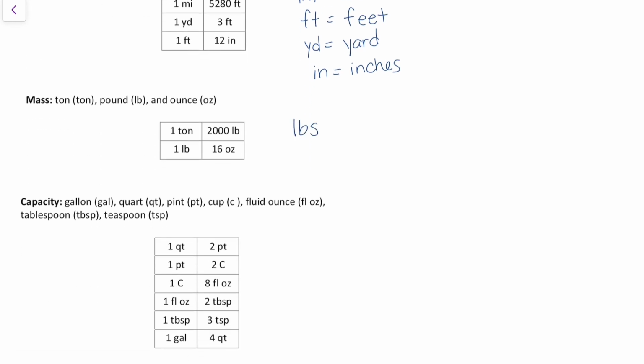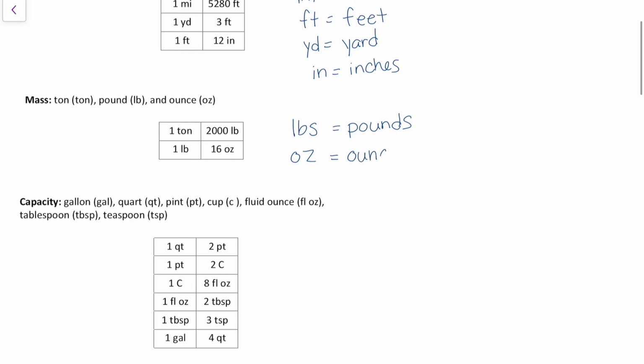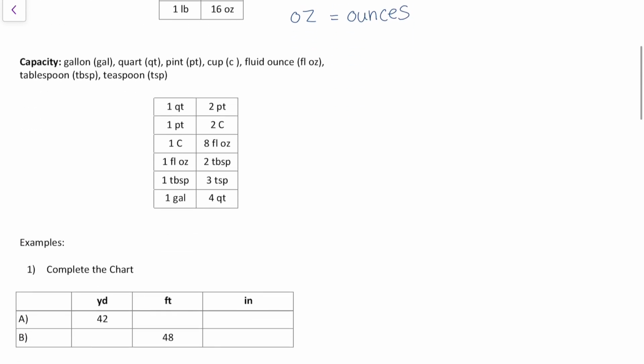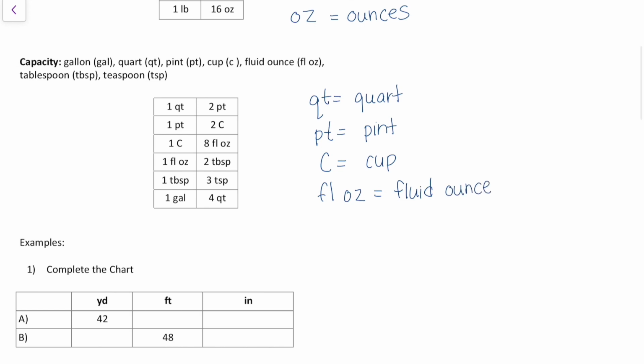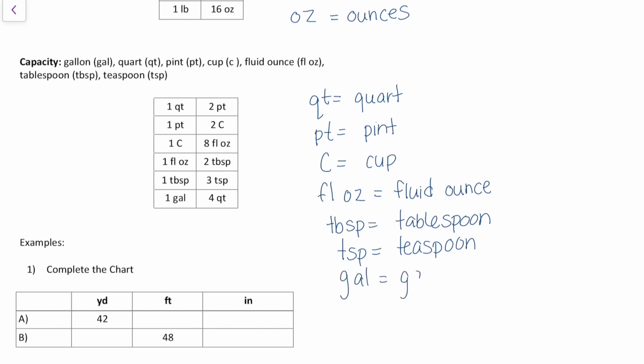LB, or sometimes you'll see it as LBS, is pounds, OZ is ounces, and then we have QT is a quart, PT is a pint, capital C is cup, FL OZ is fluid ounce, TBSP is tablespoon, TSP is teaspoon, and GAL is gallon.